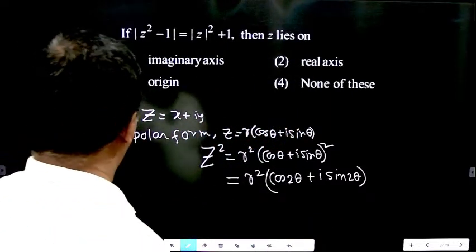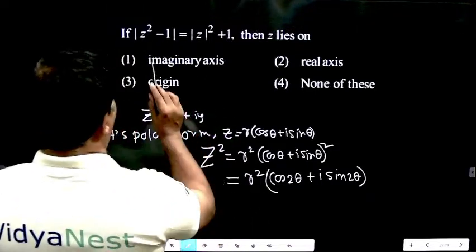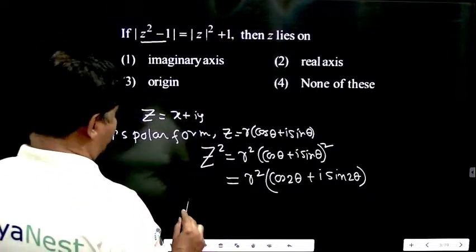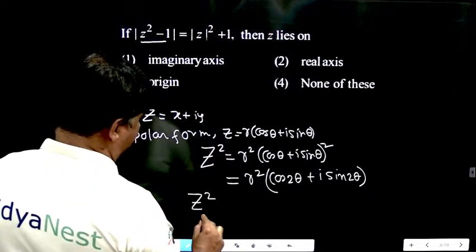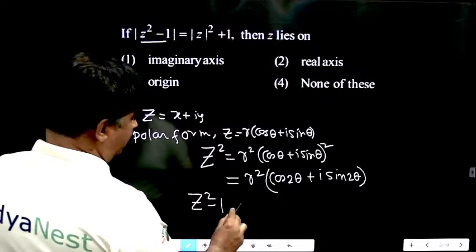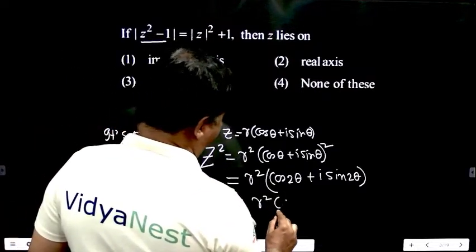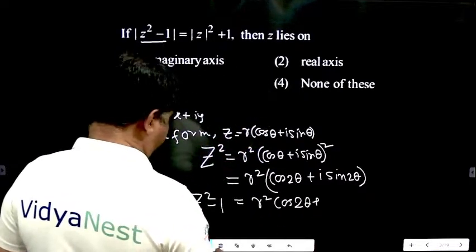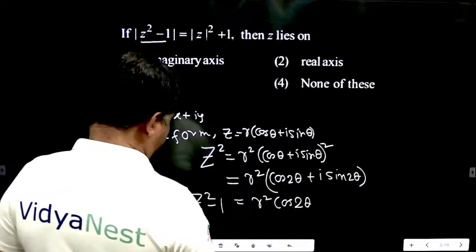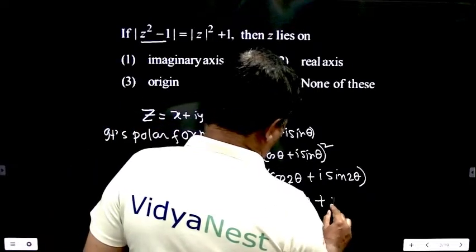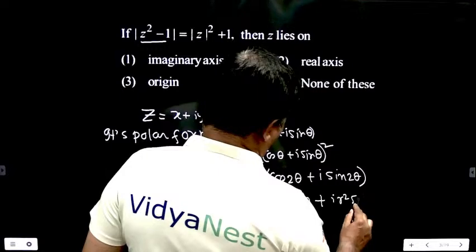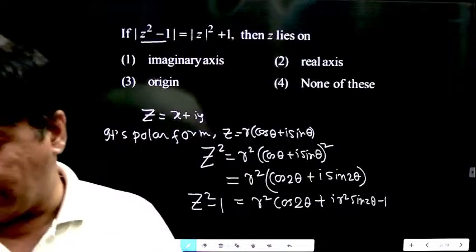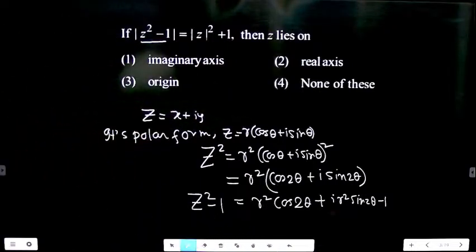Okay. Now, what is given in the question? Z square minus 1. So Z square minus 1 means r square cos 2 theta plus i r square sin 2 theta minus 1. So we could reach up to the stage according to the demand of this sum.